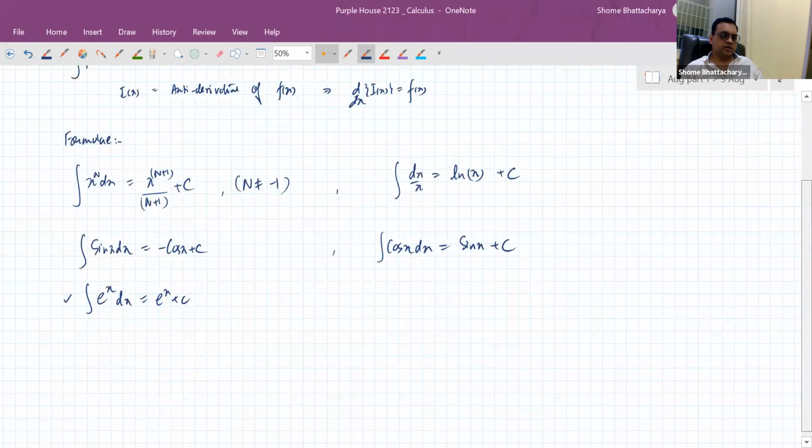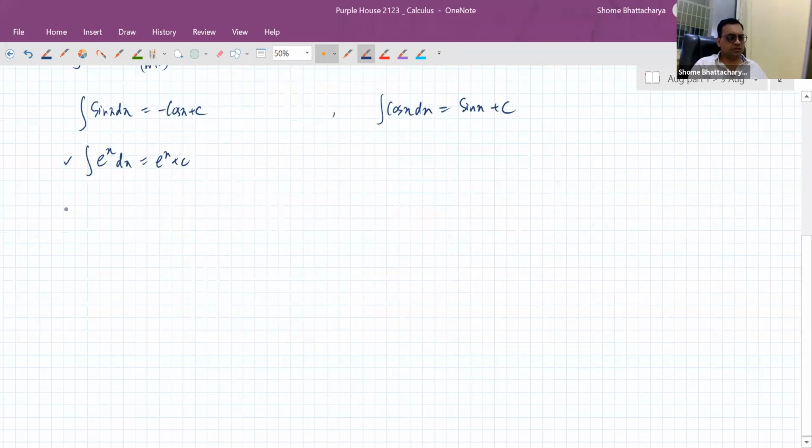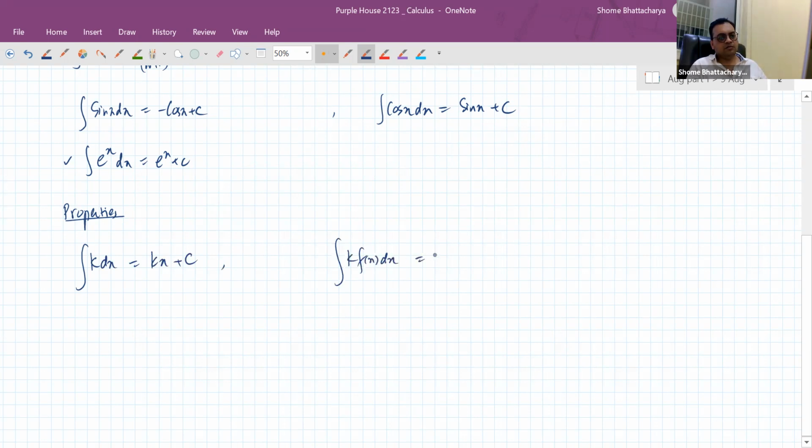Okay, then in addition to this, we had seen properties. The basic properties of integration being that integration of a constant becomes a linear term. Then integration of a constant multiplied by a function becomes the constant times integration of that function. And finally, the distributive type of property, that integration of the sum or difference of two functions is equal to integration of the first function plus or minus the second function.